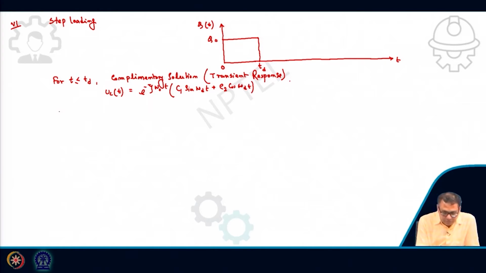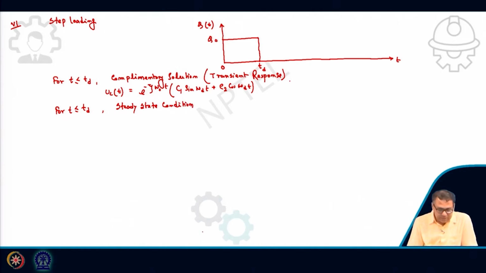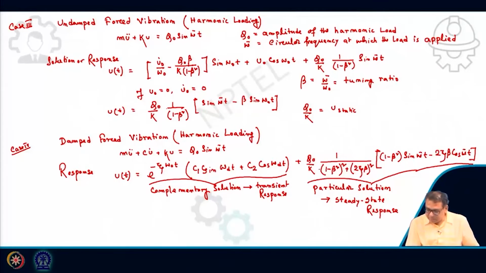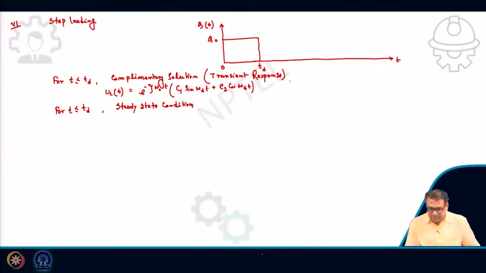But for t less than or equal to Td, for the steady state condition, you can see that the loading is constant and not varying with time, so this will be only Q0 by K. If I say the steady state response u_st, it will be only Q0 by K. Why?